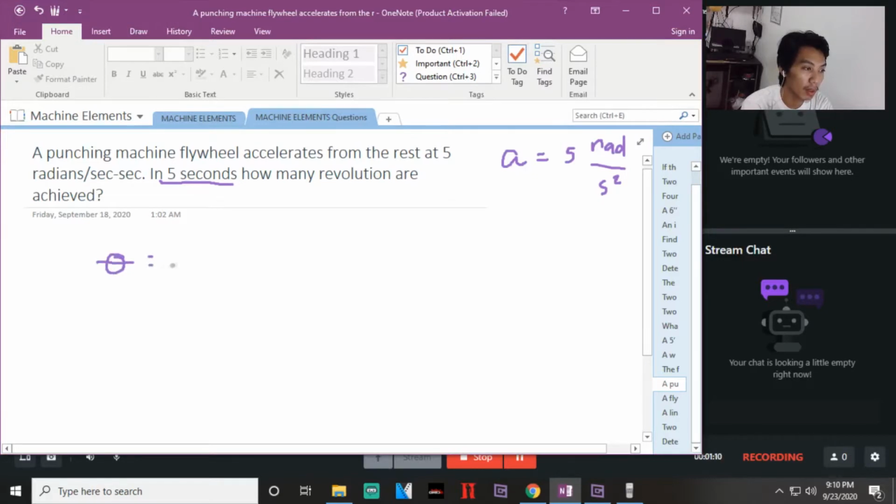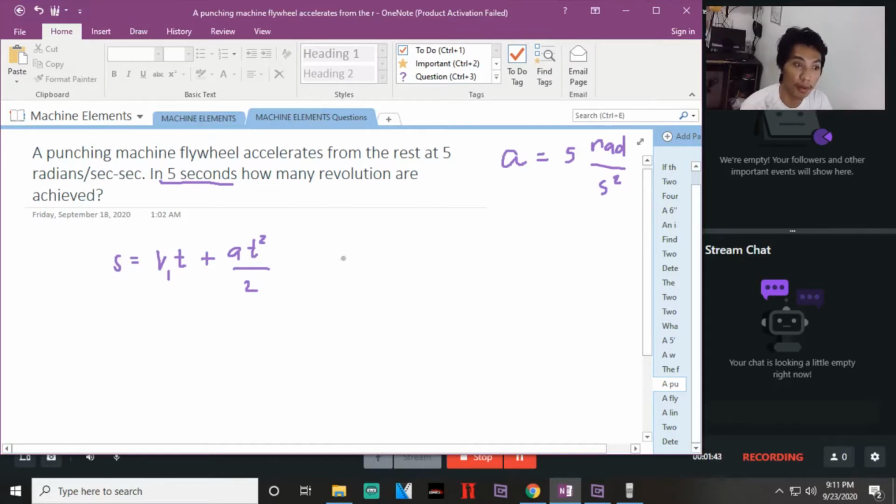Okay? So, gamitin natin yung formula natin from dynamics. S, it is the distance traveled linearly. So, S equals Vi times t plus a t squared over 2. Ngayon, ang hinahanap dito is the amount of revolution na ginawa niya.